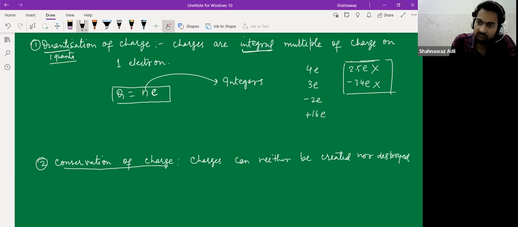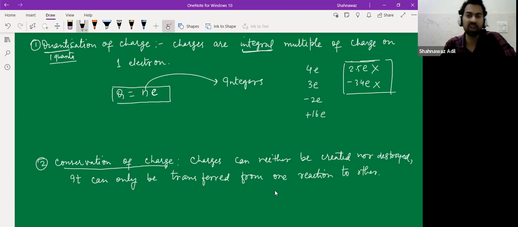They can only be transferred from one body to another. Whenever some reaction is taking place, charges can be transferred from one to another.